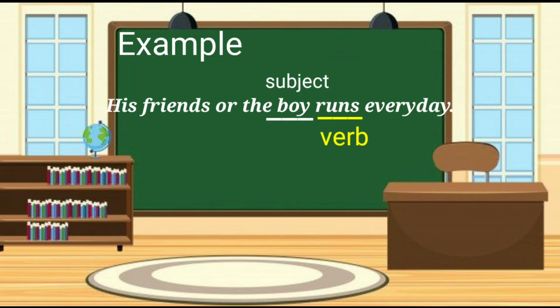When you see a conjunction or, nor used in a sentence, you are going to use the subject closest to the verb as a reference. It will be the one to determine whether you are going to use singular or plural form of the verb. So we use it as a reference to make our verb singular.